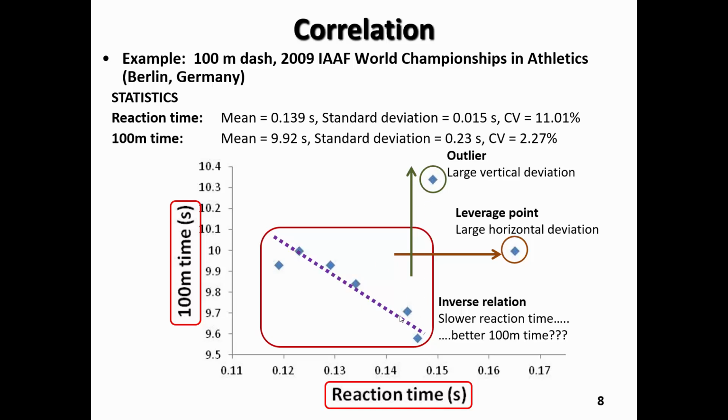So it's important to note that when we have a scatter plot, visually identifying data that seem to separate quite a bit from the central cluster, we have to determine if it's a large vertical deviation or a large horizontal deviation. And one last point is that some data can be both an outlier and a leverage point.